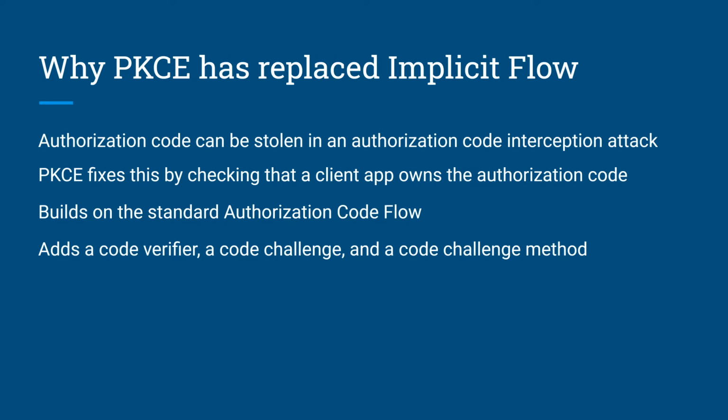The code challenge method is optional, and if you don't include anything, I think it's just plain text instead of SHA, which doesn't make a difference, it's no big deal. The code verifier is the thing that is on the client as well as the server, and the code challenge is what verifies that those are the same things. And that is why and how PKCE has replaced implicit flow.